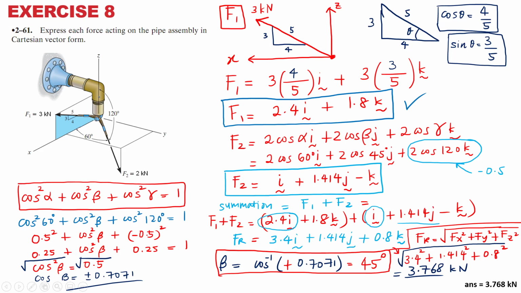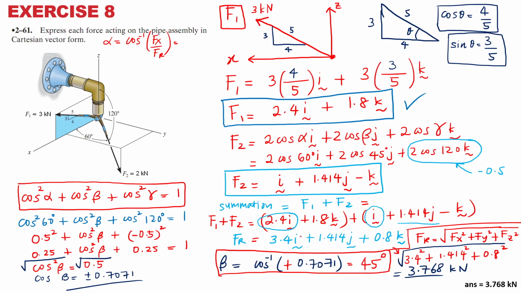So new angle alpha, what is the value? Alpha is cos negative 1 of Fx over FR. If you do this, then we are complete.